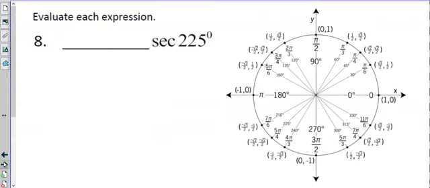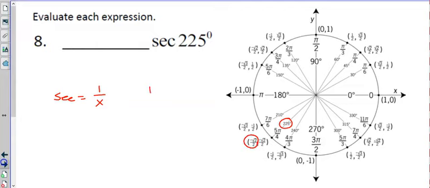Number 8, secant. Just a reminder, secant is the reciprocal of cosine. So cosine is your x value. Secant is 1 over your x value. So find 225 right there. Find your x value. It's right there.